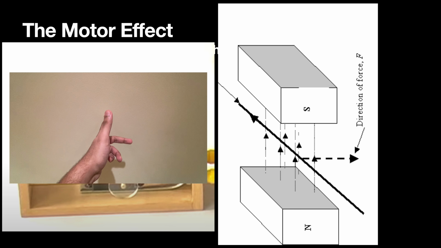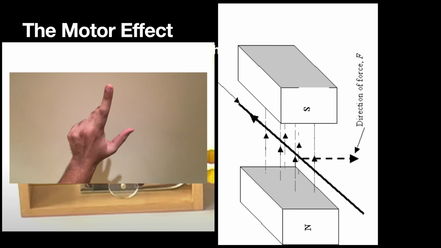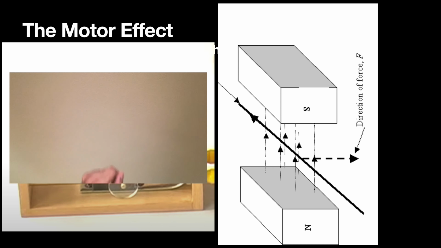This is what it should look like. If you take your hand, the direction of the magnetic field lines is upwards, current is into the screen, and motion is to the right. Let's take a look at that one more time.